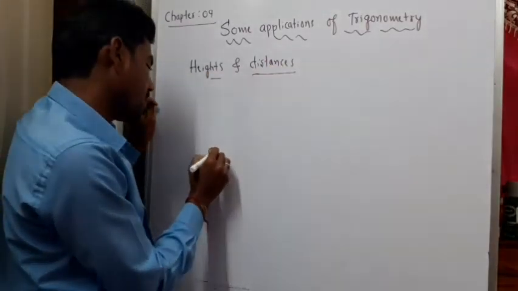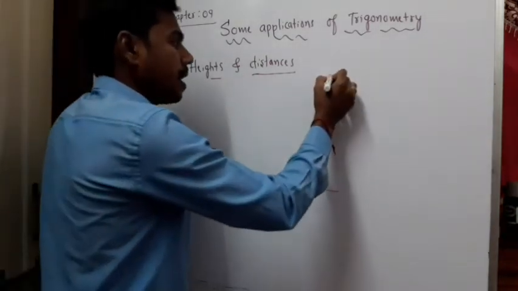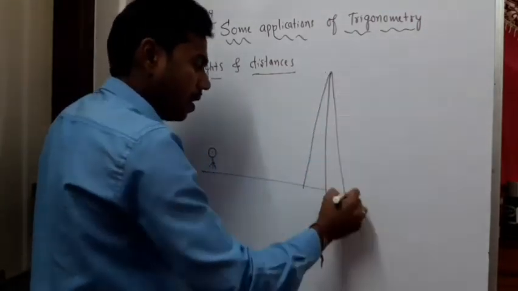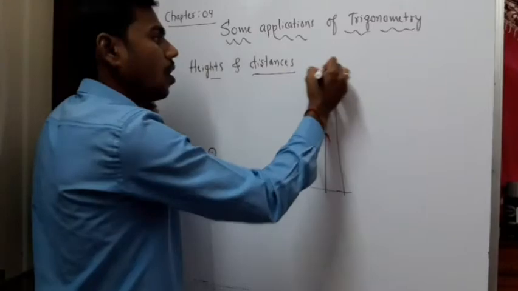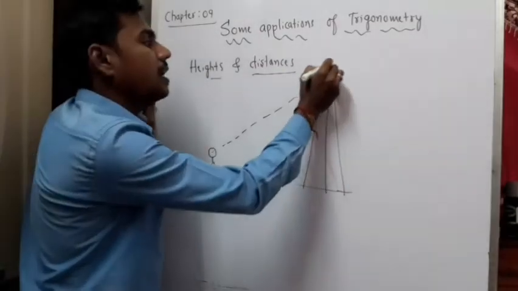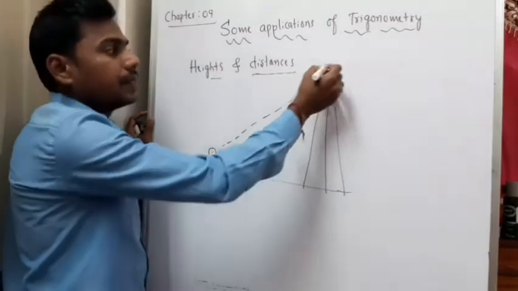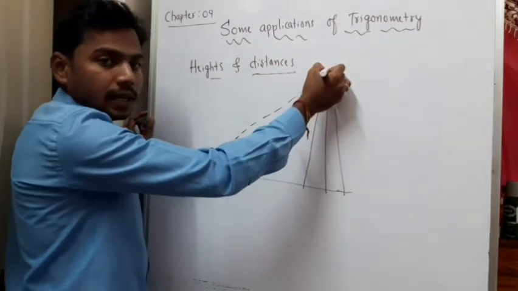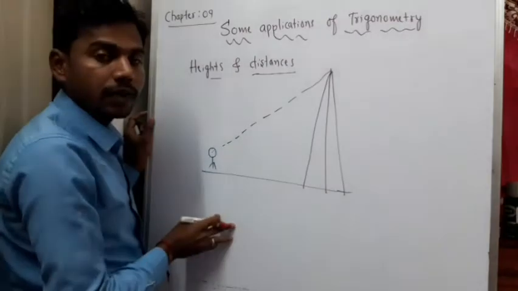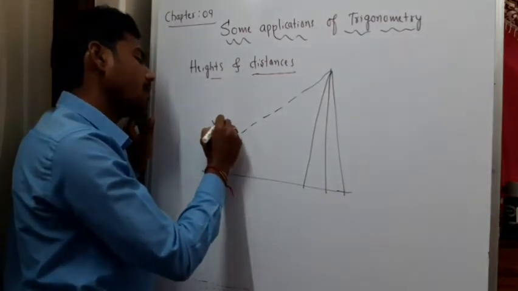Suppose a person is standing on the ground and there is a huge tower. This person is observing the top of the tower, and the imaginary line that is drawn between the eye of an observer and the point of the object at which the observer is viewing, that line we call the line of sight.